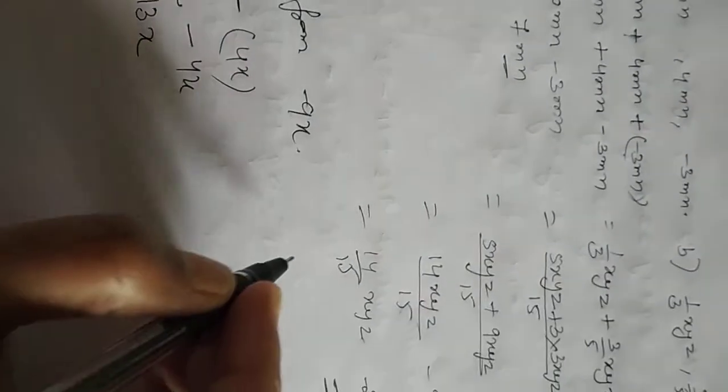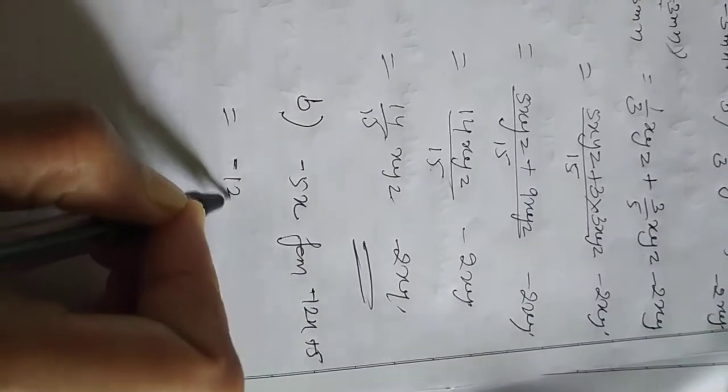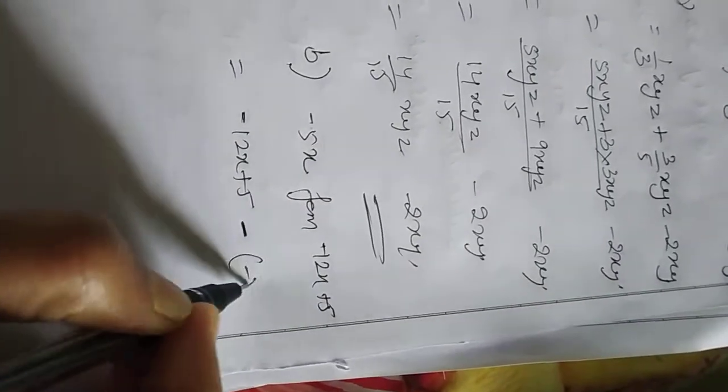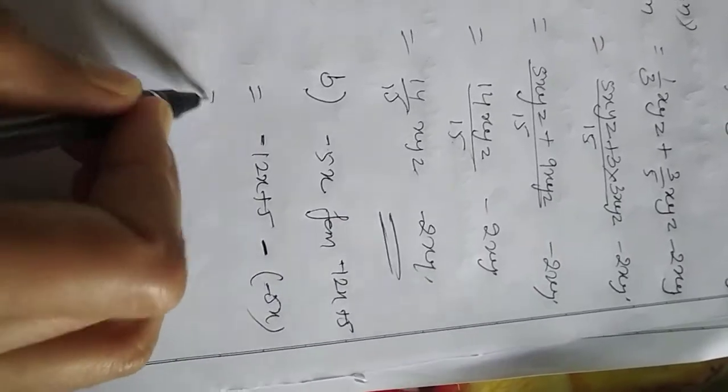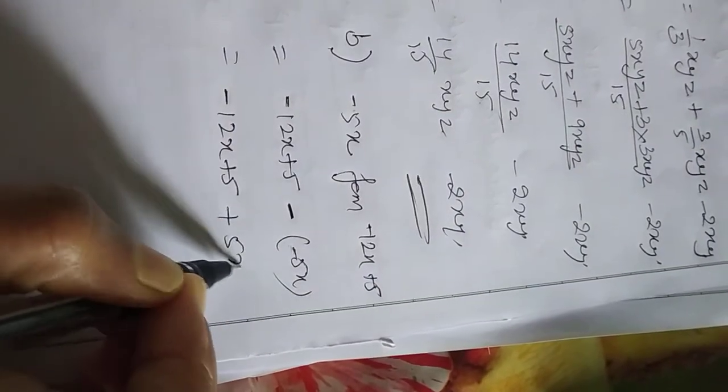Similarly, question number 2, B number. Subtract minus 5x from minus 12x plus 5. So we will write this one first. Minus 12x plus 5 minus, subtracting, so give the sign of minus between, but it has already a minus sign, so we will write it in bracket. Follow the steps properly. Okay, minus minus, we will get here plus 5x.